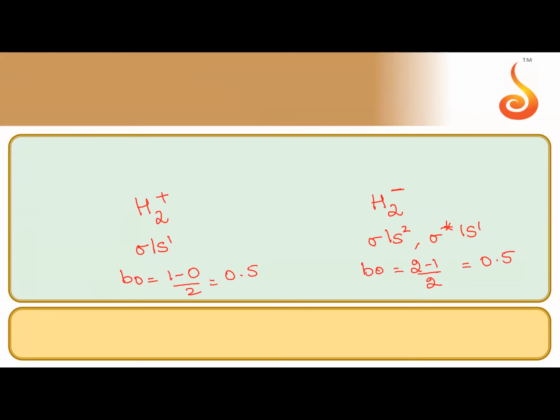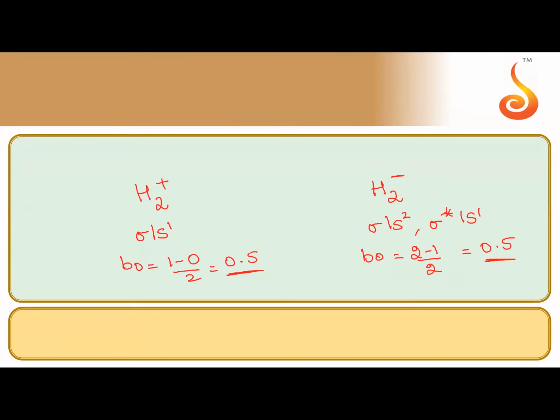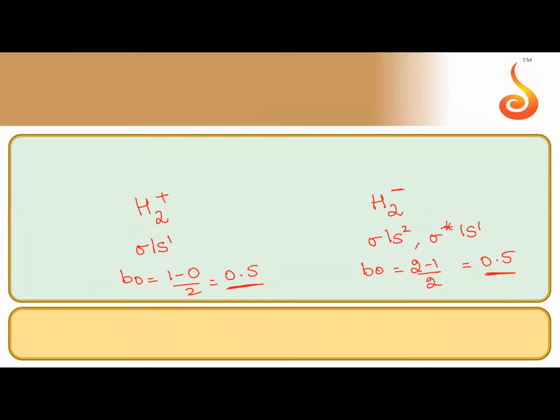When bond order is coming same, now how to say which is more stable? Now what you have to see is in this H2 plus, there are 0 antibonding electrons. No electrons are present in antibonding orbital. Whereas in H2 minus, we have 1 electron in antibonding orbital. So who is more stable?